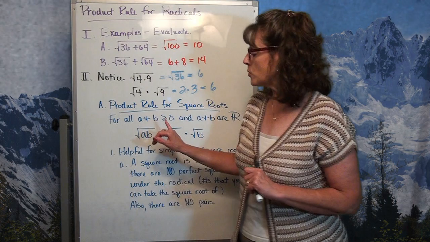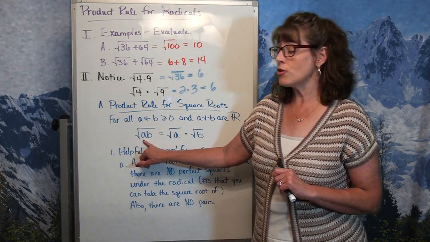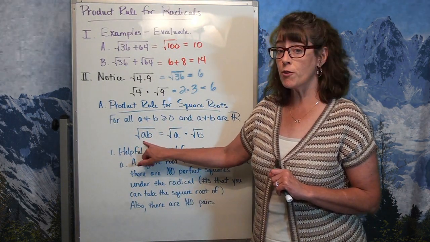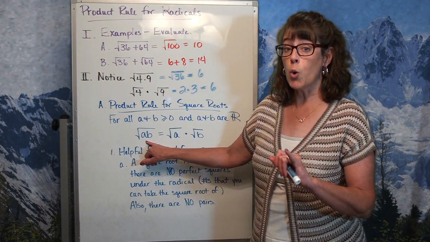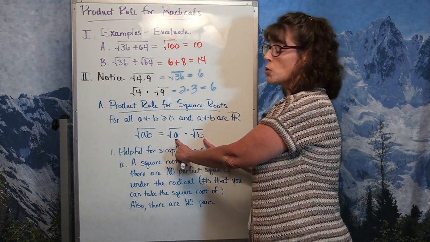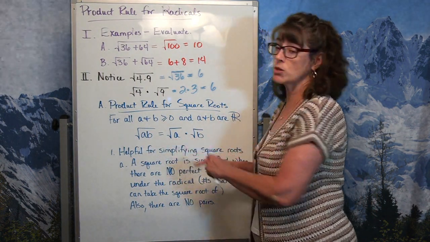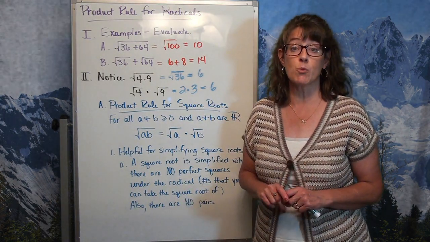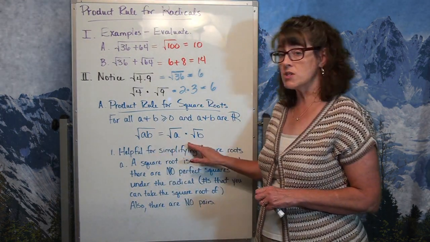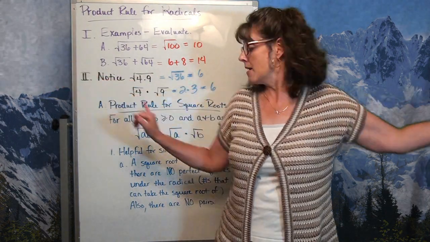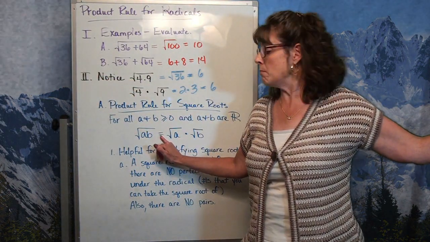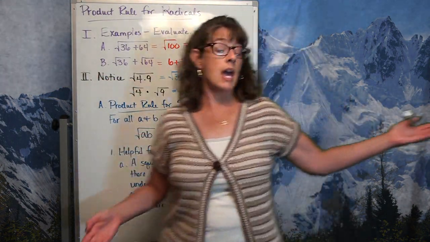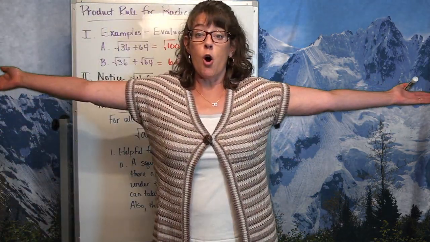So in other words, here's what happens. I can either go ahead and multiply them first and take the square root, or I can take the square root of each number and then multiply it together. I'm going to get the same result either way. That's what this says. Remember the pan balance idea, that when you have an equation, it means what's on this side and what's on this side are all balanced out.